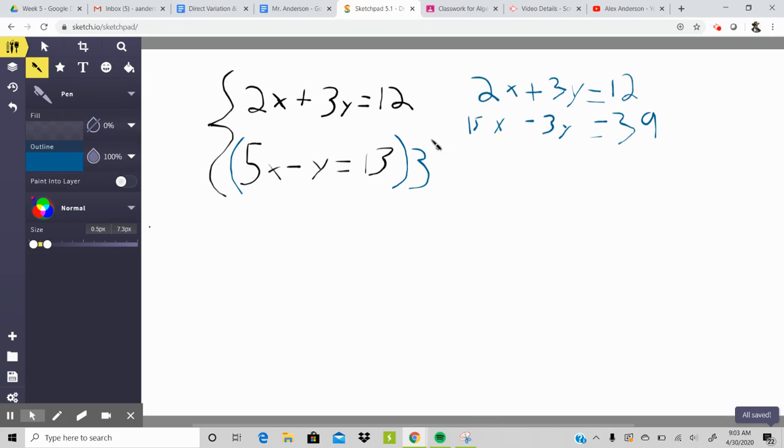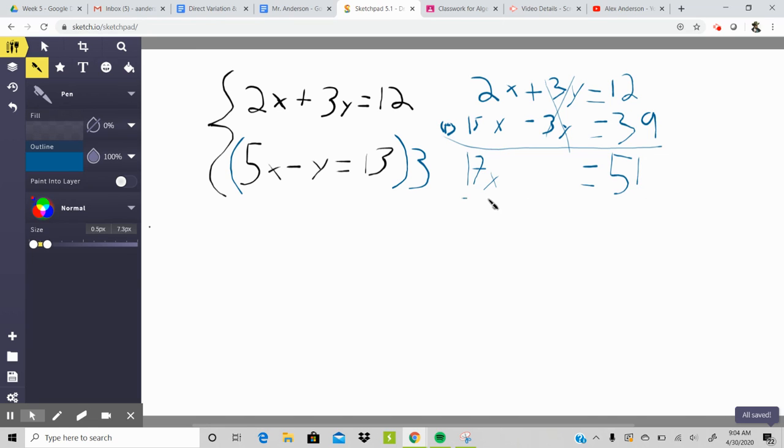I'm going to add these two equations, because watch, 2x plus 15x is 17x. And now 3y plus negative 3y is 0. That goes away. And then 12 plus 39 would be 51.